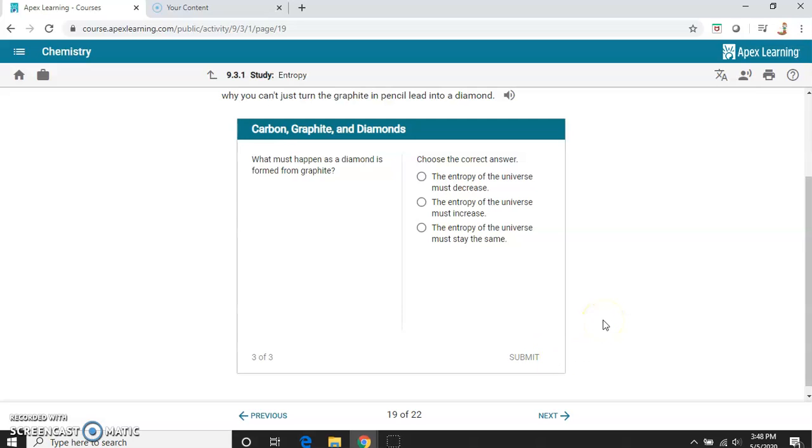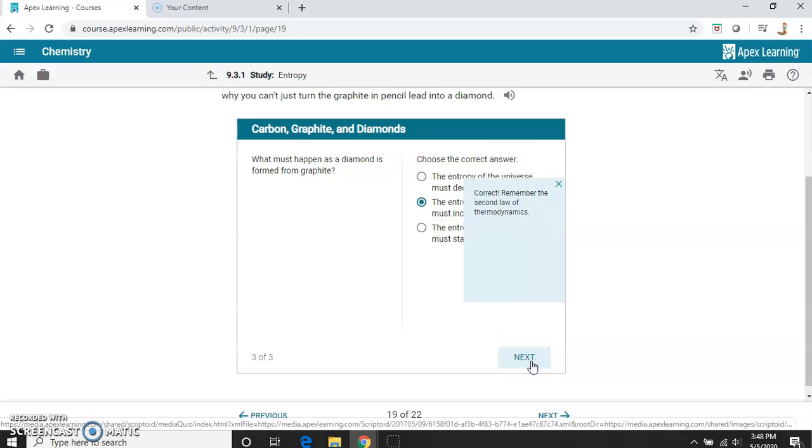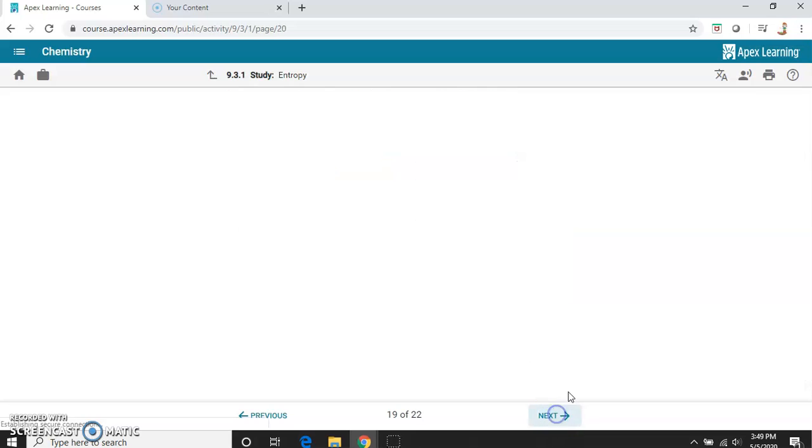So what must happen as a diamond is formed from the graphite? Overall, the energy must increase as well. Even though it's getting lower to form that diamond, for the diamond alone, the whole energy must increase.